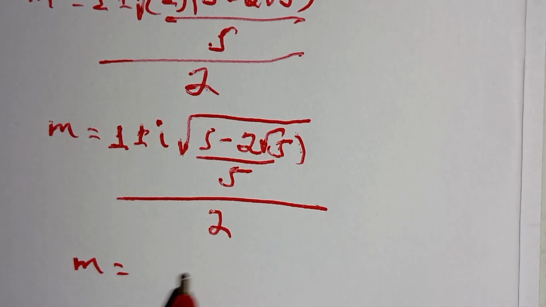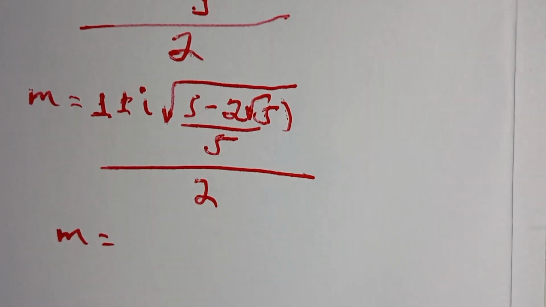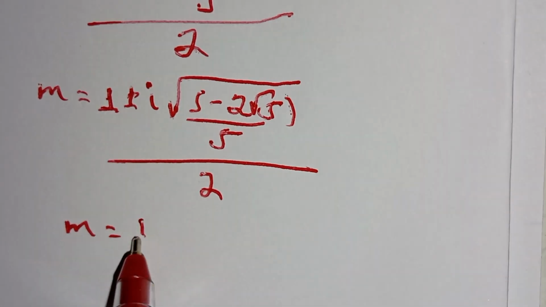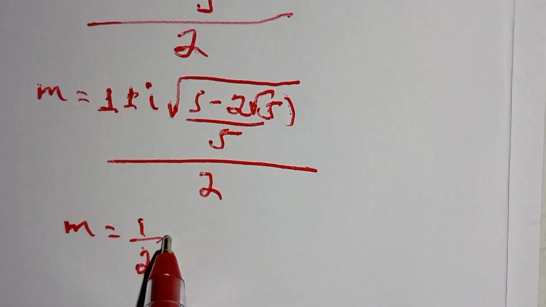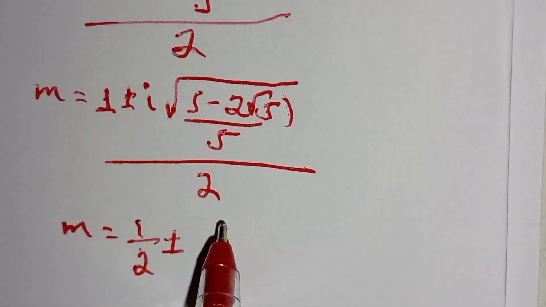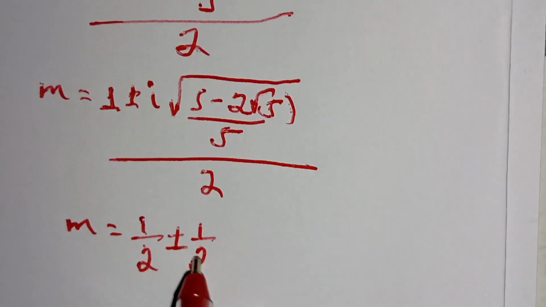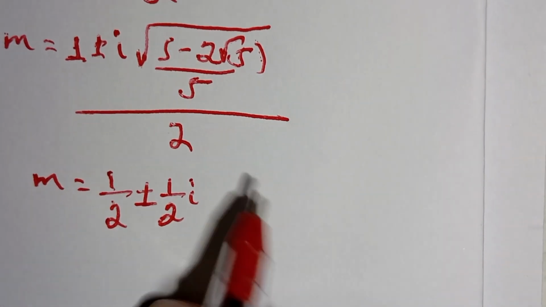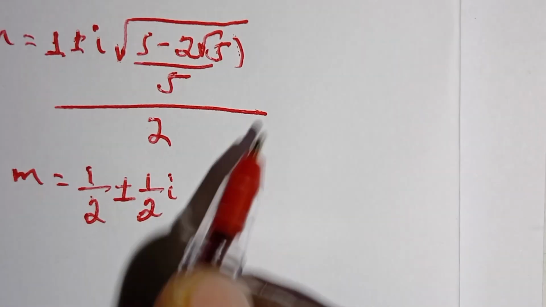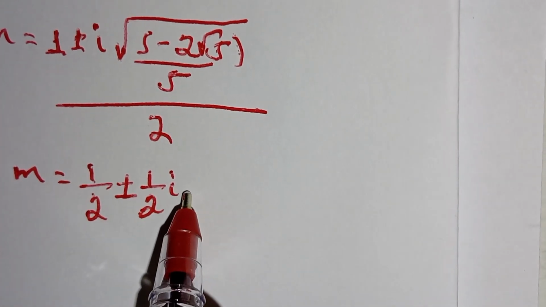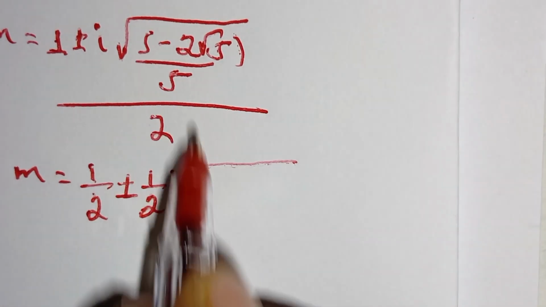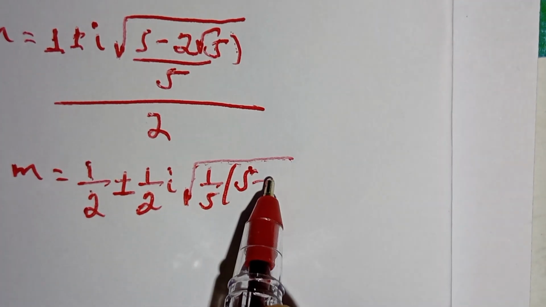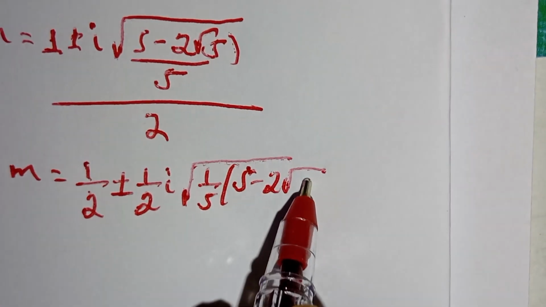And m is equal to 1 over 2 plus or minus 1 over 2 i under radical, this 5 means 1 over 5 into (5 minus 2 root 5).